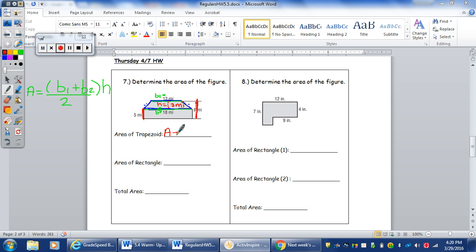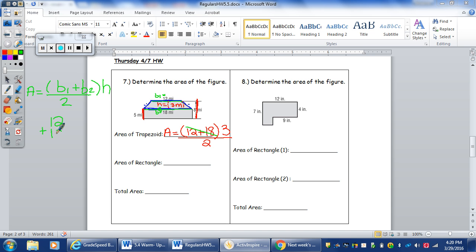So I'm going to write area equals base 1 is 12 plus base 2, which is 18, times my height, which is 3. And then I know I'm going to divide by 2. Well, I'm going to come over here and do some math. The first thing I'm going to do is 12 plus 18.